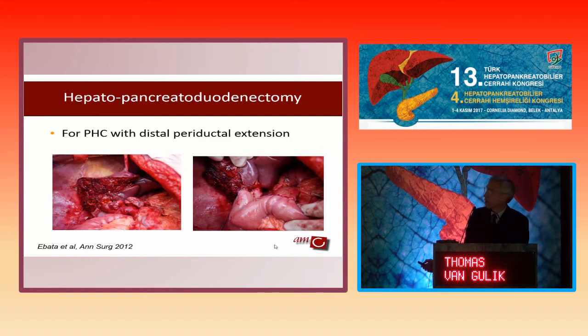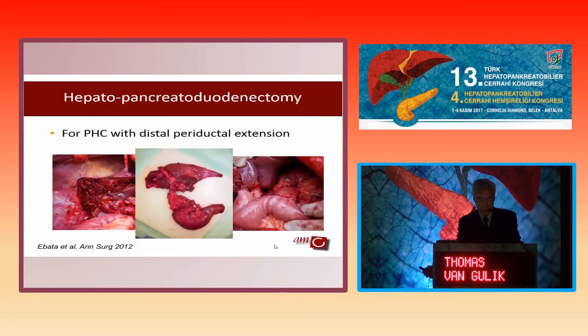Those are, of course, extensive operations where you do your liver resection and your pancreatoduodenectomy to complete the resection. And of course, there's also a morbidity rate you have to take into account. But there are favorable series from Japan indicating that this is a viable option.